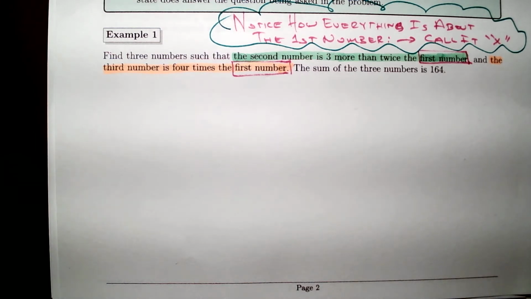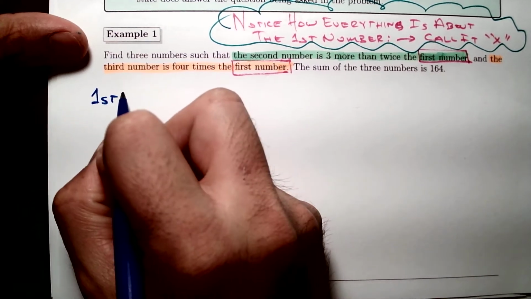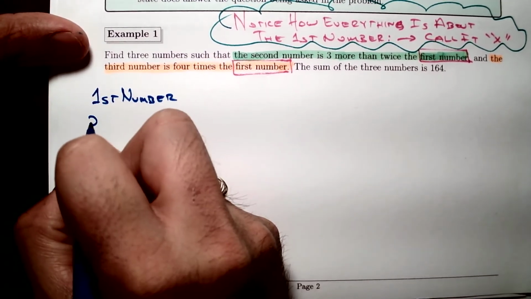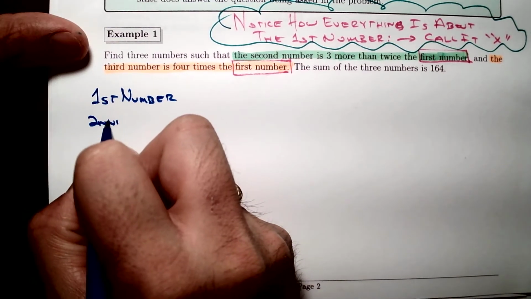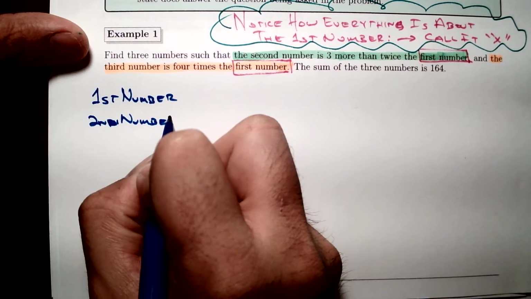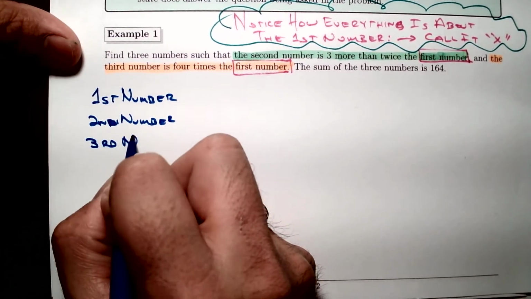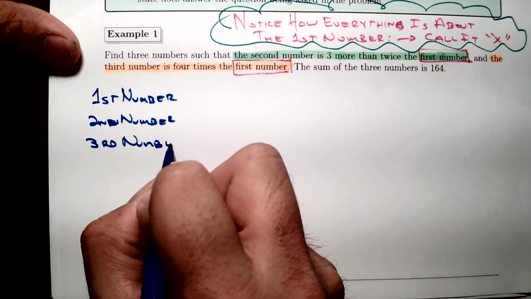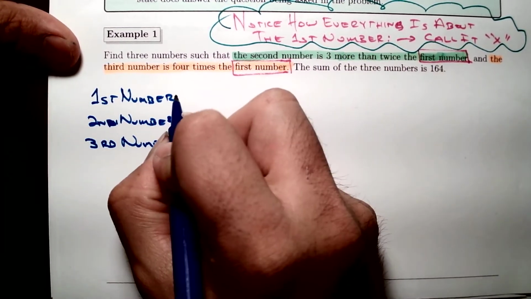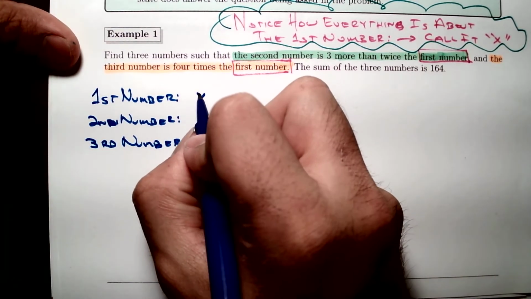So we have a first number, a second number, and a third number. Since everything is about the first number, that's the one we are going to call X.